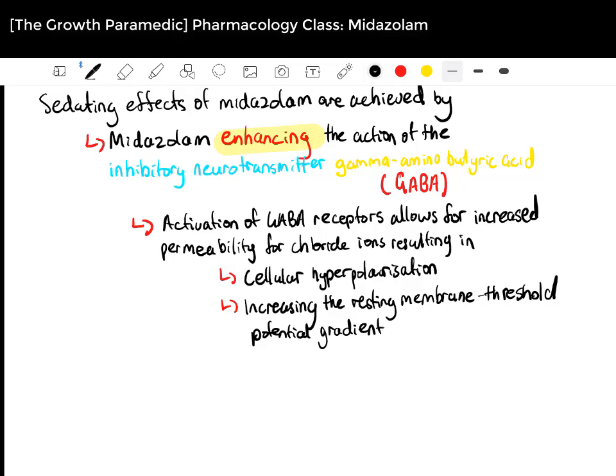And because of this, this causes subsequent decreased neurodischarge, and that is known as depolarization.